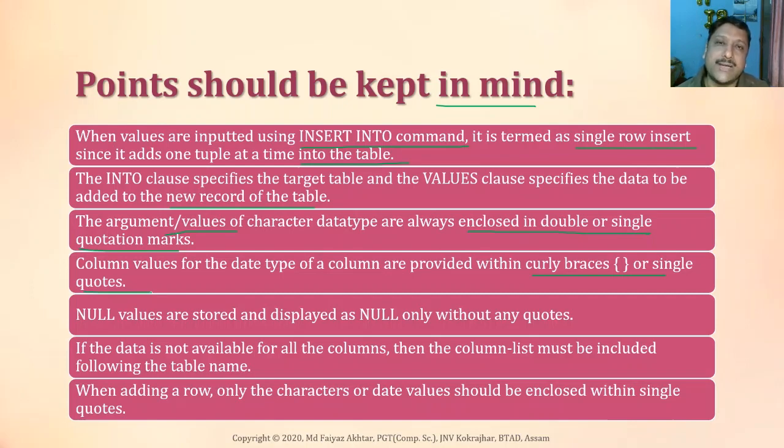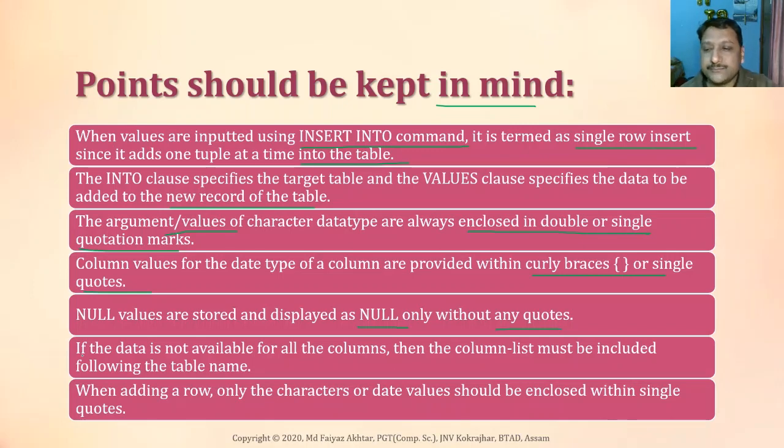Null values are stored and displayed as null only without any quotes. If you want to insert any null value, meaning if there is no value for any column at a time, then you can insert null value. Then you have to type all capital letters NULL, N-U-L-L, null.